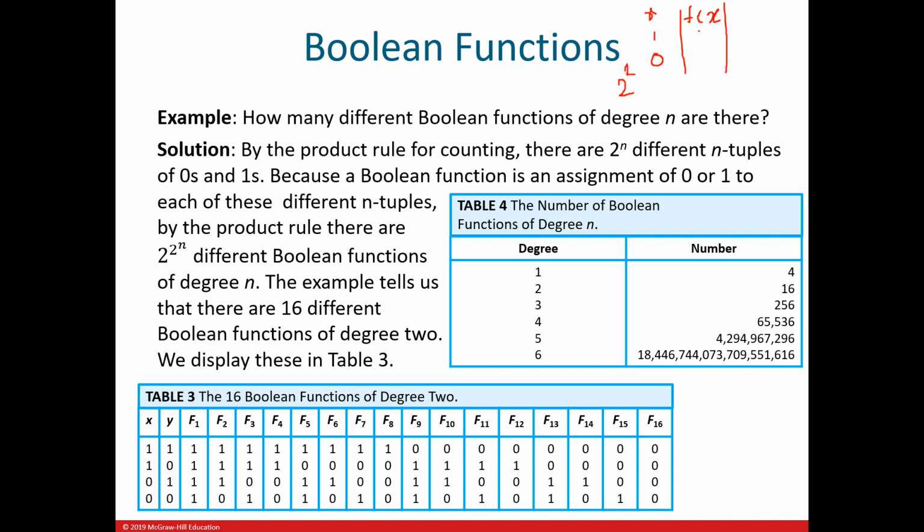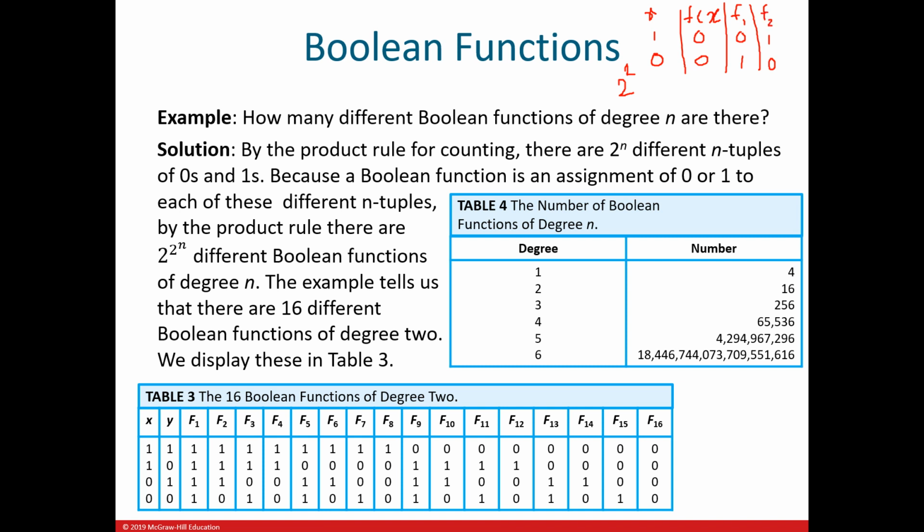One function might give me 0 0, another function might give me 0 1, so let's call this function 1. Another function might give me 1 0, so let's call this function 2.